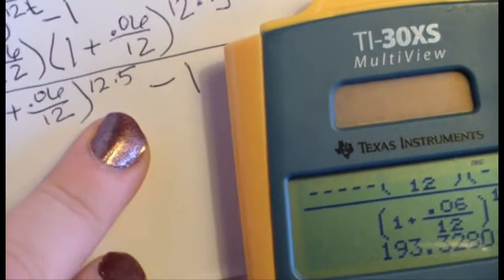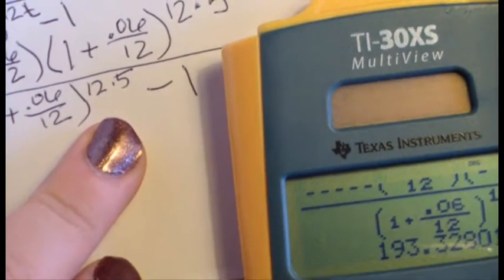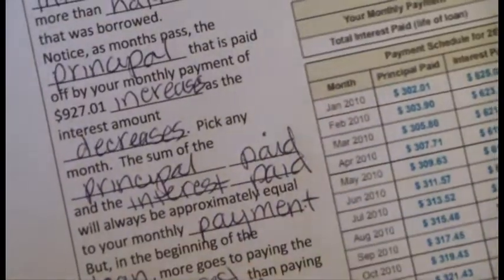All right, so $193.30, round that up to 33 cents. So that's the monthly payment.